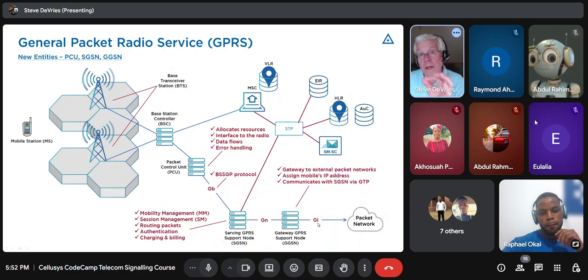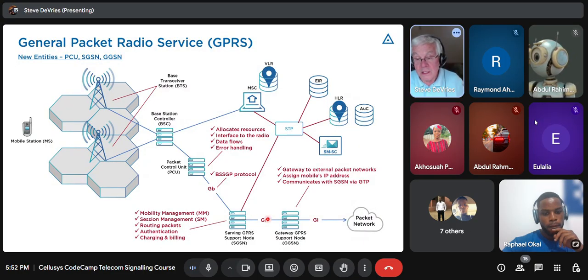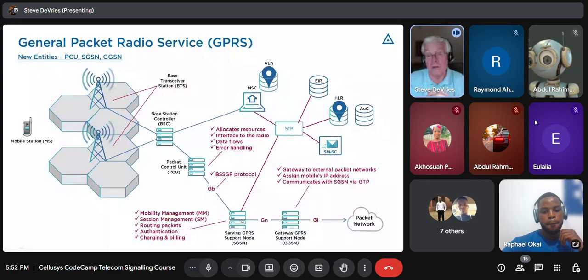When you have data, you need an IP address. That IP address gets assigned by this device right here. And this tunnel gets set up right here. And ultimately, protocol is going to go this way too. So if you move and move and move, you can keep the same IP address because your IP address is assigned by this device, even if you have different data tunnels there.